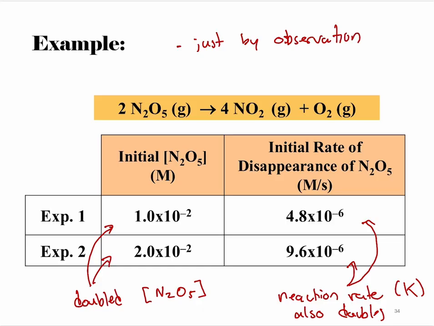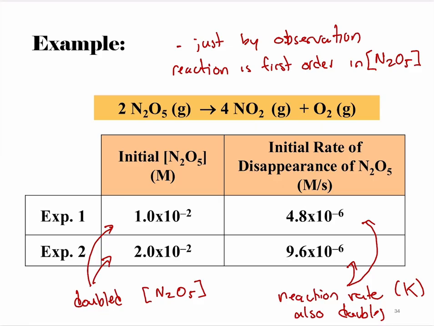So we can say just by observation, the reaction is first order in N2O5. Right, the reaction is going to be first order in N2O5, because that's our reactant there, and that's what we're varying in these series of experiments.